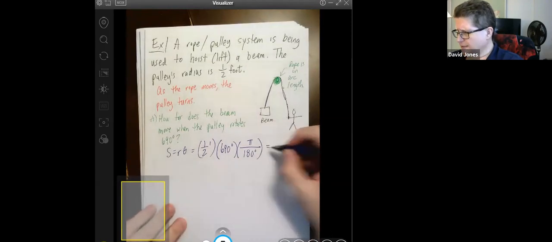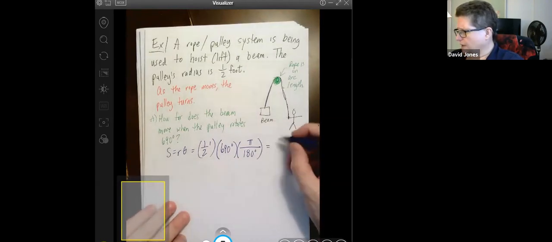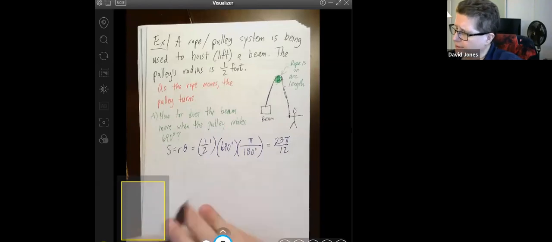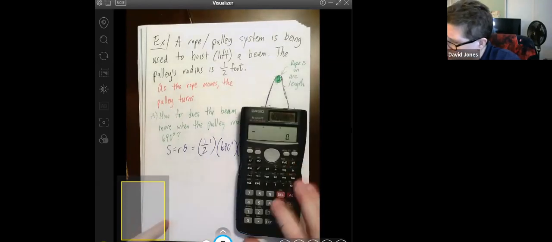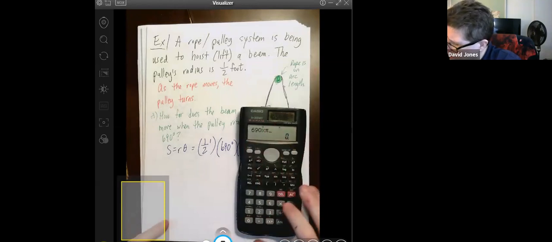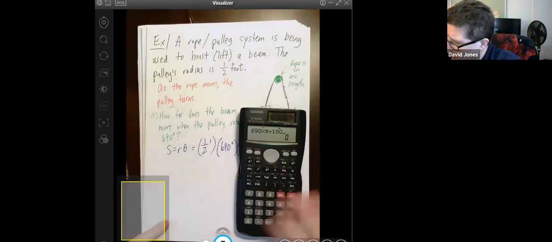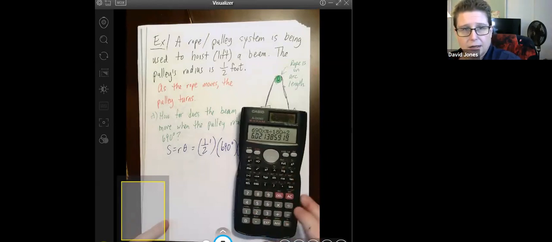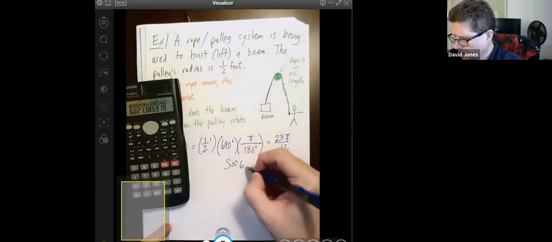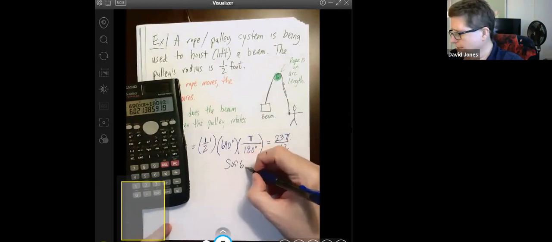If you actually write it out, it simplifies to 23 pi over 12. And if you throw that in a calculator, 690 times pi divided by 180 divided by 2, which is the same thing as multiplying by 1/2, it's about 6 feet. S is approximately 6.0 feet.